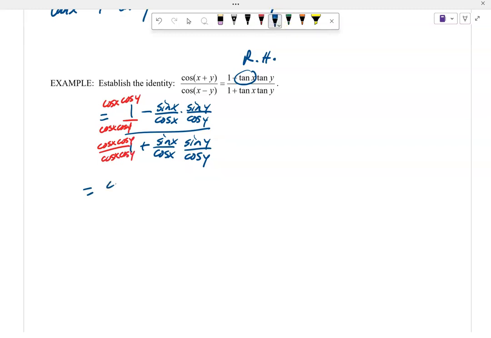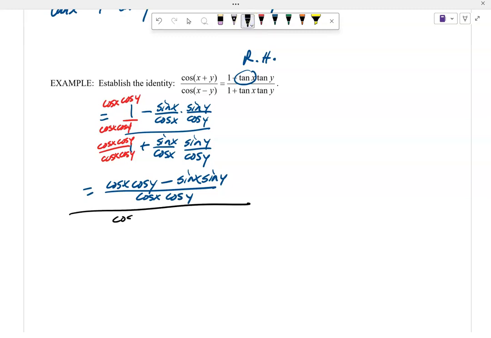And so what I'll have is cosine x, cosine y minus sine x, sine y, all over that common denominator, all over cosine x, cosine y plus sine x, sine y, all over this common denominator, cosine x, cosine y. And notice when I multiply by the reciprocal, those will cancel right there.